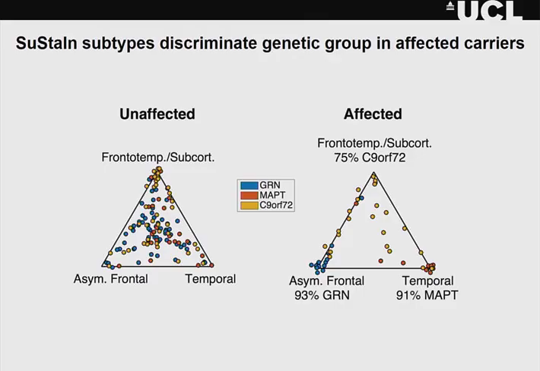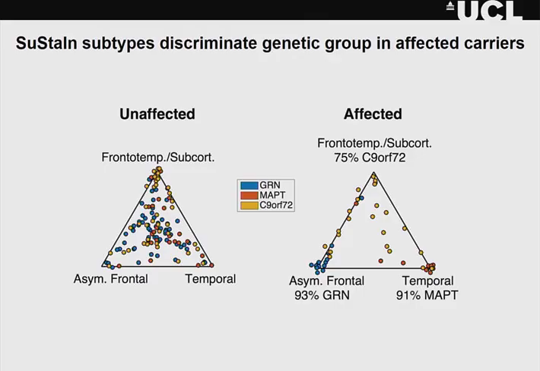Individuals in the middle of the triangle have an approximately equal probability of belonging to each progression pattern, and individuals in the corner of the triangle are strongly assigned to a particular phenotype. What we see, particularly in the affected carriers, is that individuals are strongly assigned to a particular phenotype, and you can use these phenotypes from the SuStaIn model to discriminate an individual's genotype.